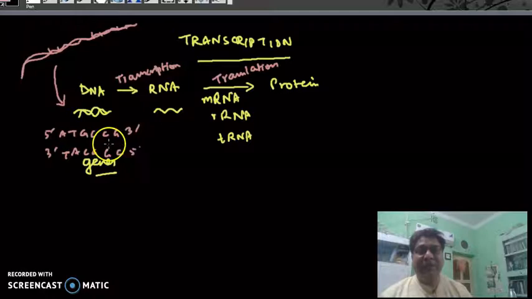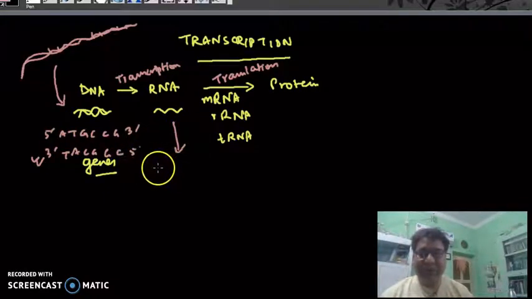So if this strand acts as a template, what will be the sequence of the RNA synthesized from this DNA? It will be A, U, G, C, C, G, 3 prime.